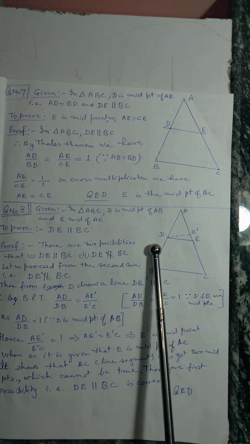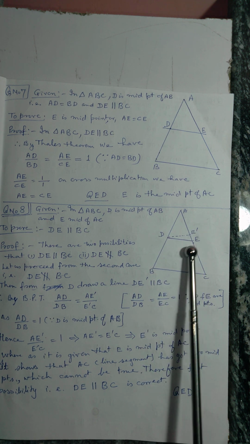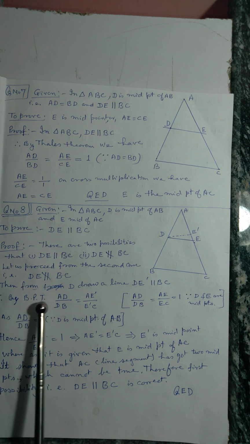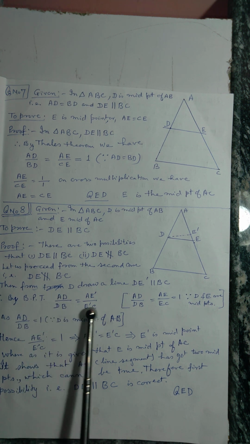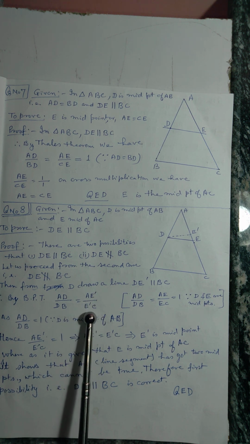Then we draw a parallel line DE dash to BC. By the basic proportionality theorem, AD upon DB will be equal to AE dash upon E dash C.